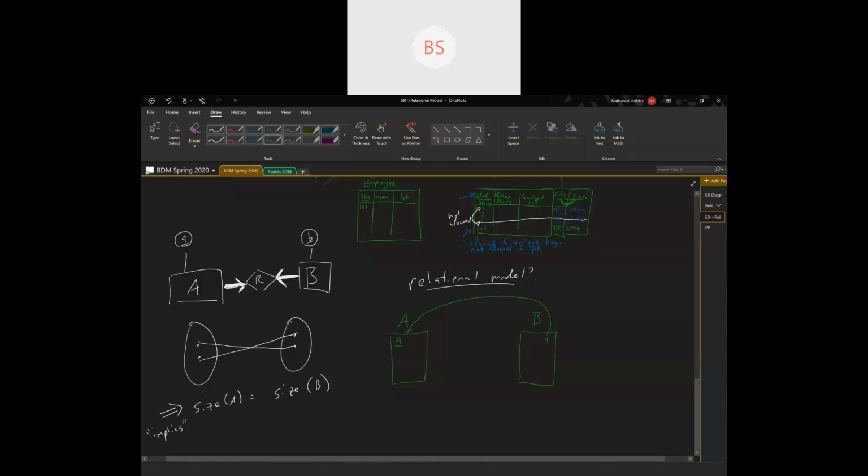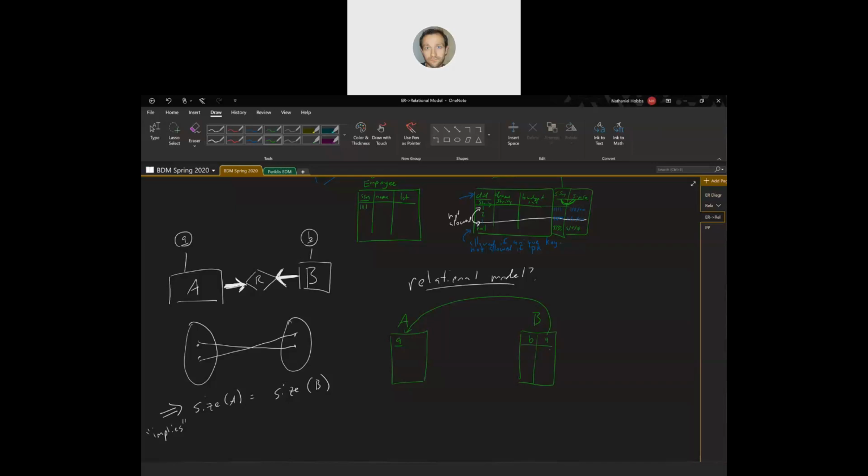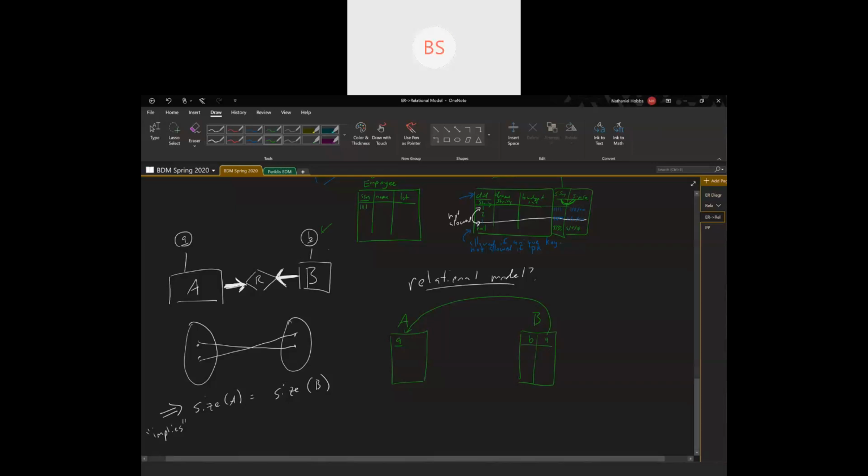Okay. And how about B here? So B's primary key would be the foreign key to A's primary key. I don't know if that makes sense. Okay. So B would have two columns, one B and one A, or it could just have A. But there's this B here that needs to be somewhere.